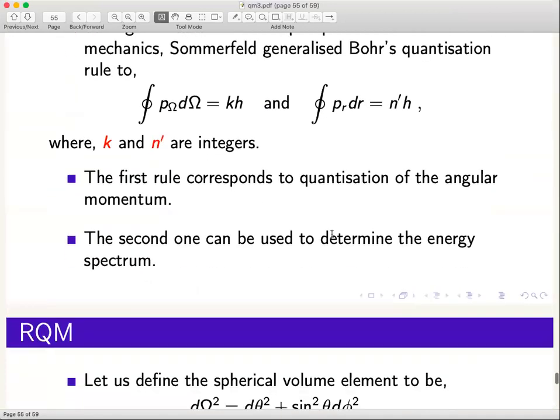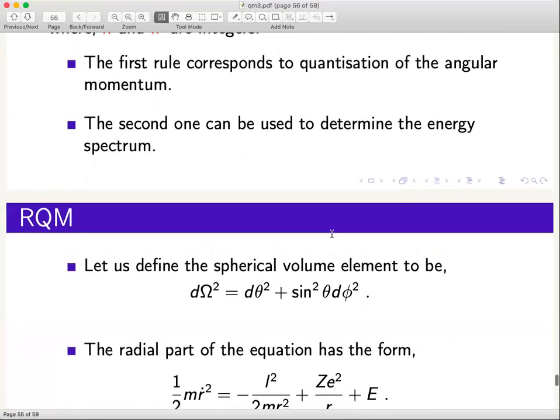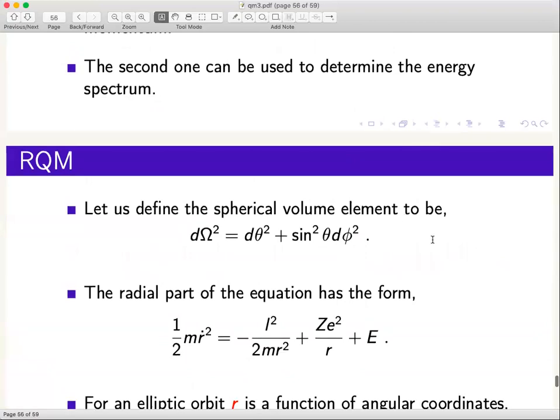So coming back to this, let us define the spherical line element as d omega squared, which is d theta squared plus sine squared theta d phi squared. This is the way you define the line element on a sphere, and we will use this d omega in our calculation.